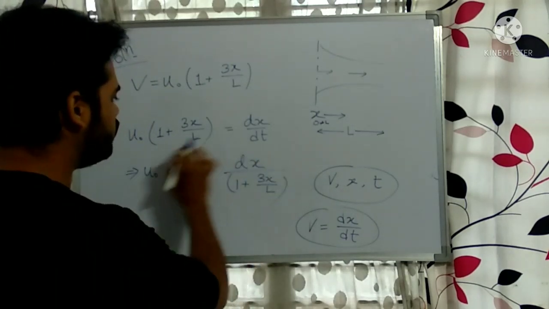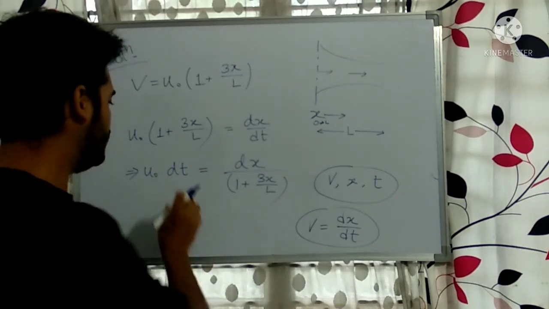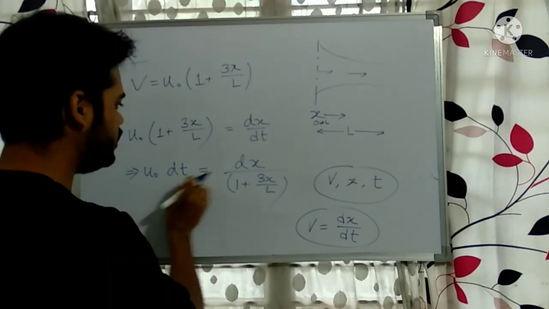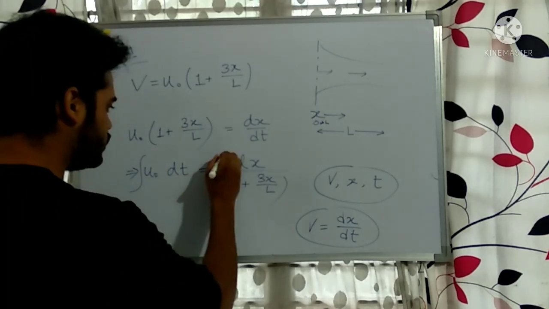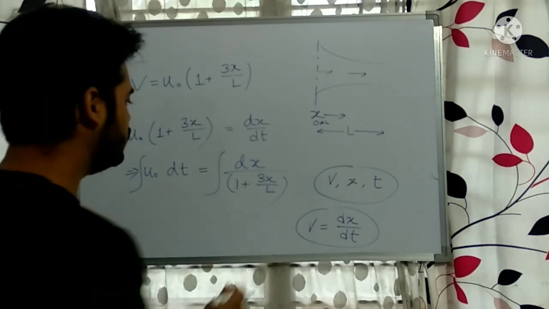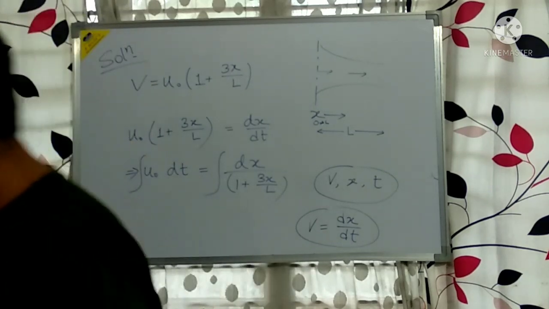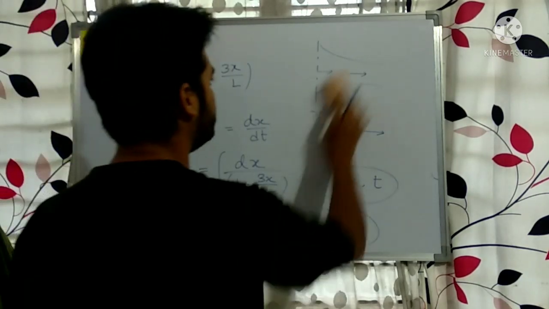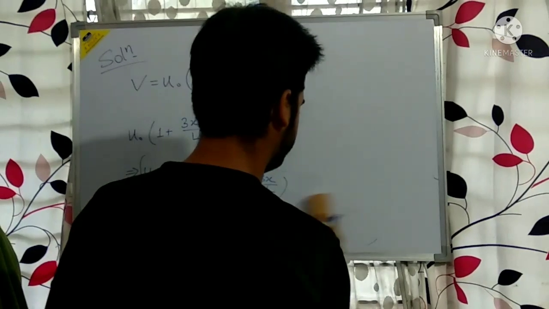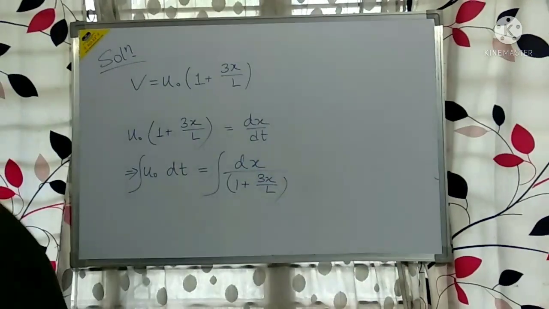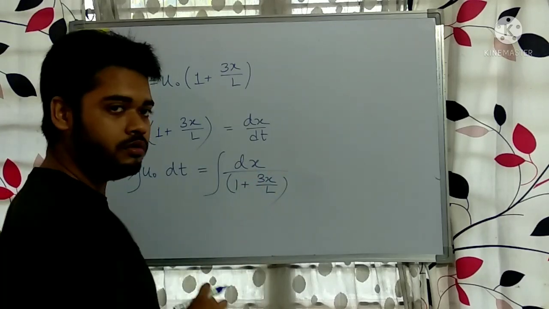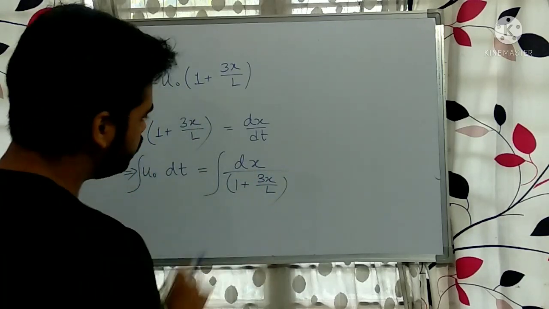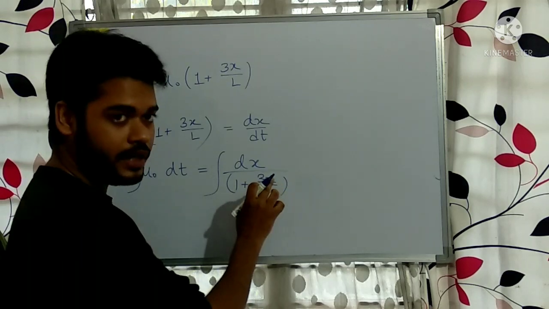Now this is a form of integral equation, integral of time and integral of x. Now can we take integration on both sides? Yes. See in the right portion, what is the variable? Here the variable is only x.